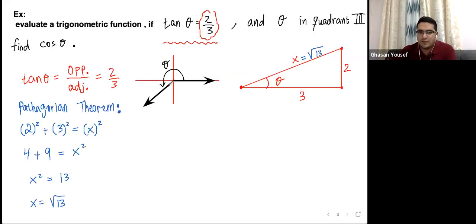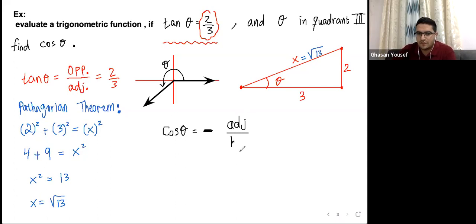So go back to the question. The question told you to find the cosine of the angle. Because the angle is in the third quadrant, the sign should be negative. This is the first step. And to find the cosine of the angle, the cosine of theta is the adjacent over the hypotenuse.